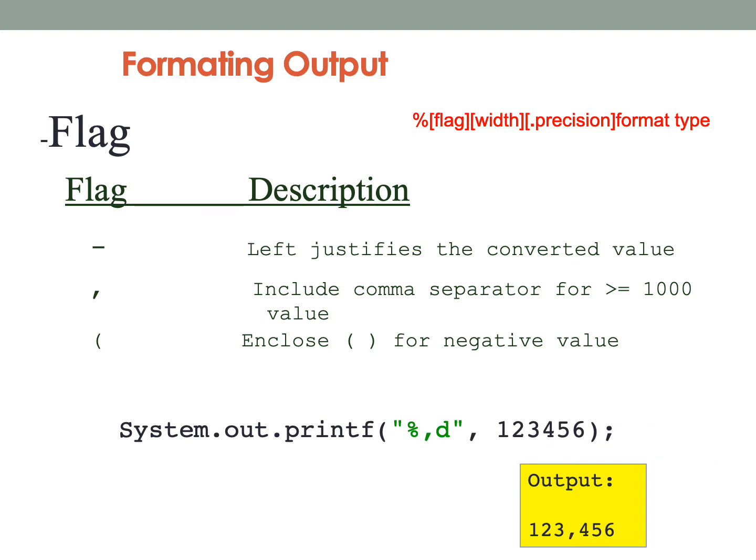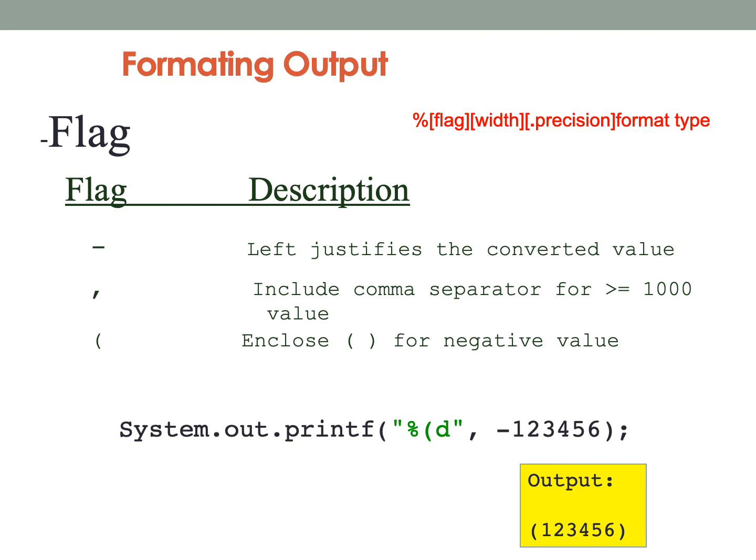To separate any values larger than 1000, we can use the comma sign. For example, the value 123456 can be difficult to read. So by writing percentage comma d, it will display the value of 123456 as 123,456.